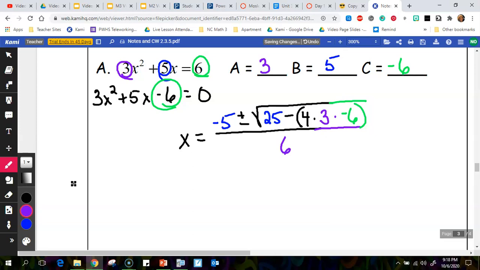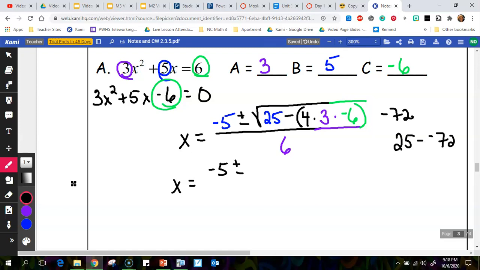All right, so let's do the math here. x equals negative 5 plus or minus. Okay, so 4 times 3 times negative 6. That's going to be 12. 12 times 6, I'm so bad with this, 72. So it's going to be negative 72. So that is 25 minus negative 72.